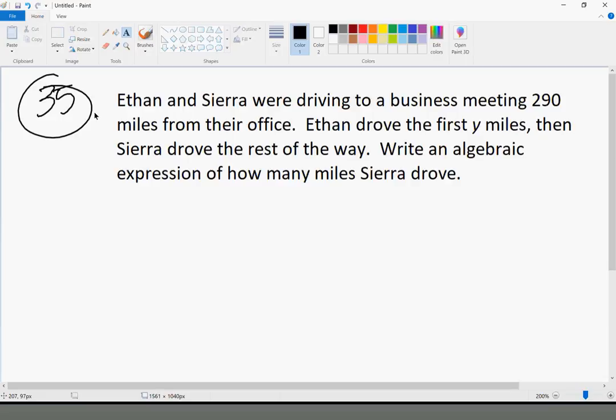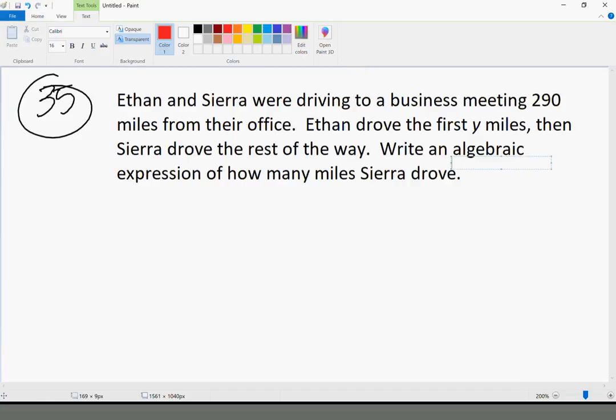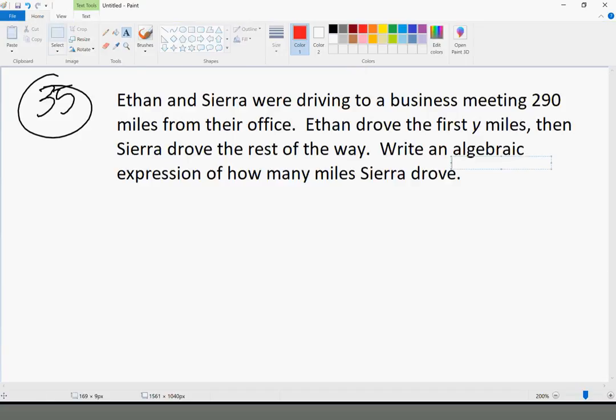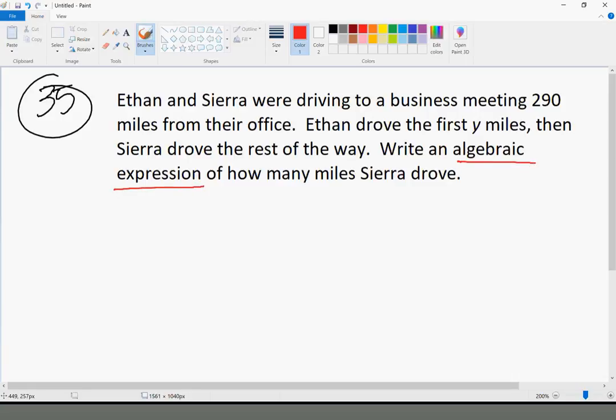So this tells you that we do not need an equation. Algebraic expression means that this is not an equation.